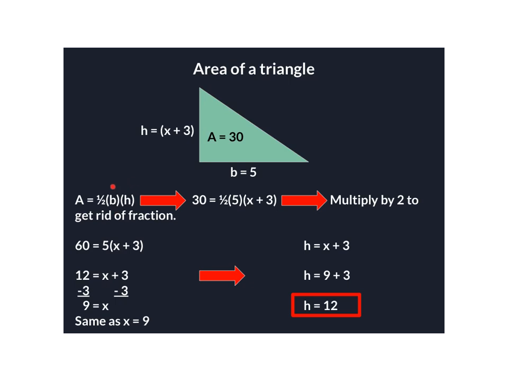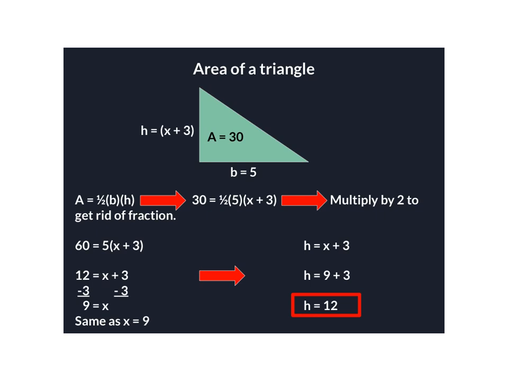Again, the base and the height are interchangeable. We can switch those around, but since we have the base of 5, we have the 5 right here, and then x plus 3 is our height. So we basically have this 5 being multiplied by x plus 3, and then we're taking half of that.